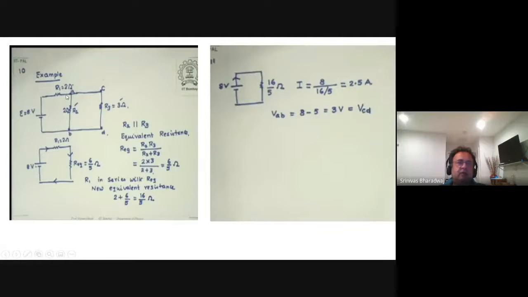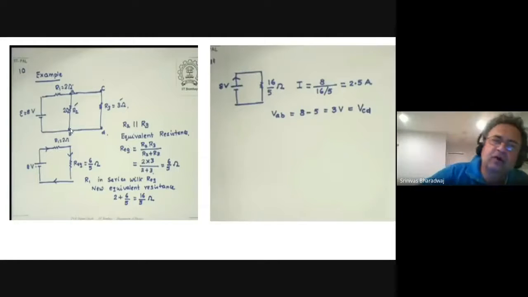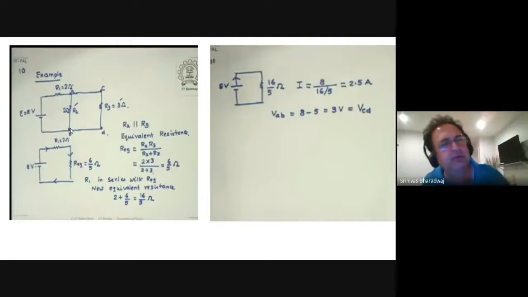Notice that the voltage between this point and this point is a function of this point and this point, right? So there is a voltage at a point, there is current through branches. Remember that you have a voltage at a particular point, and a voltage across 2 points, a potential drop or a voltage drop across 2 points.